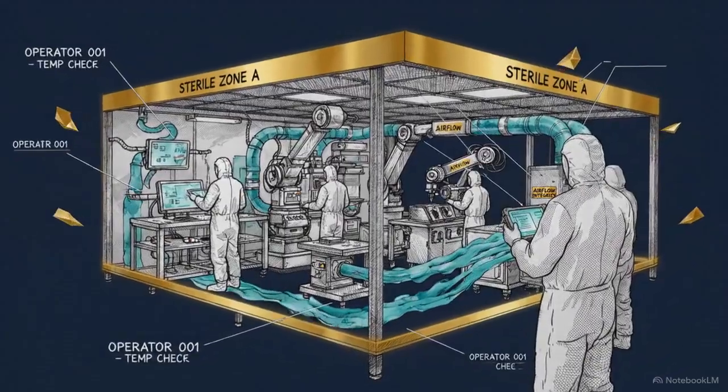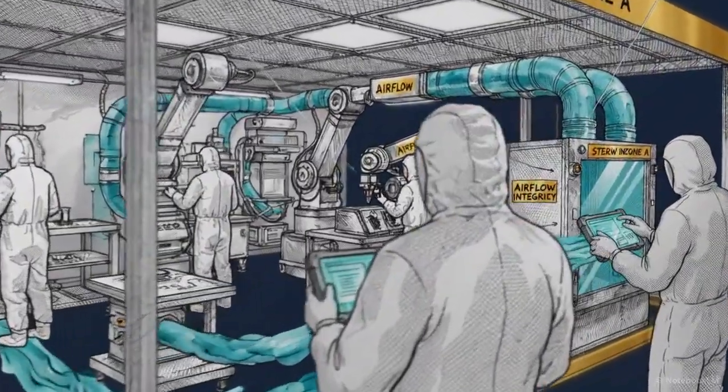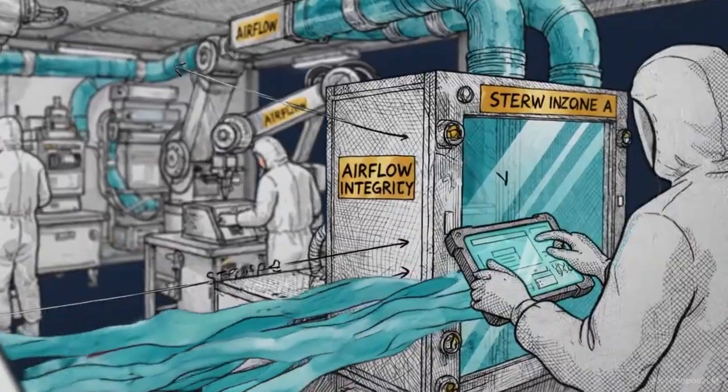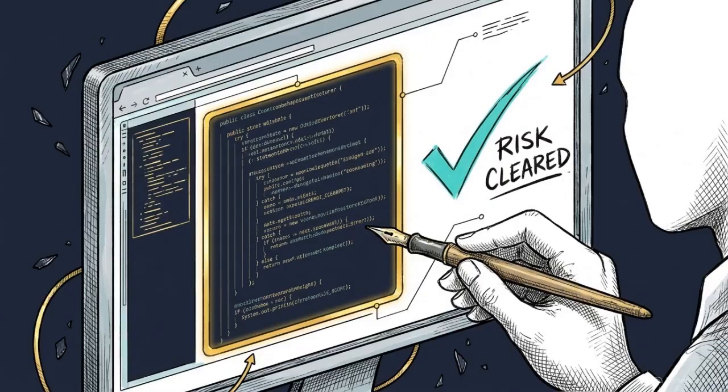Operating autonomous agents in highly regulated sectors, like pharmaceutical manufacturing or medical device software, requires an entirely different level of rigor. Under the FDA's Computer Software Assurance Guidelines and the GAMP-5 framework, the industry is shifting away from rote, manual documentation toward risk-based critical thinking and automated boundary testing.